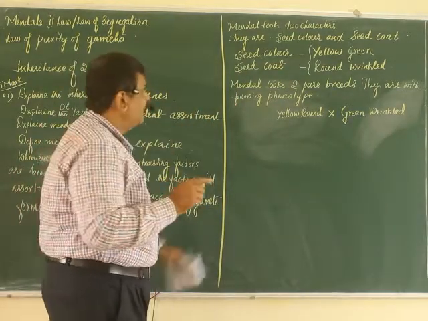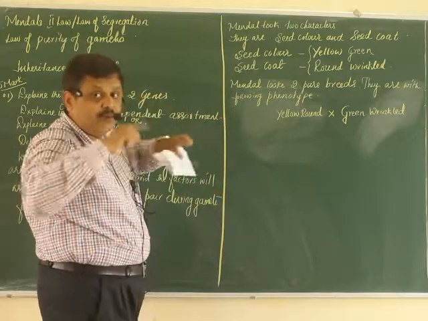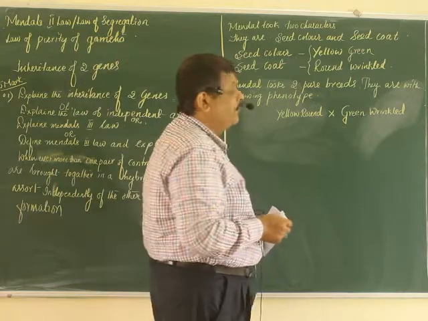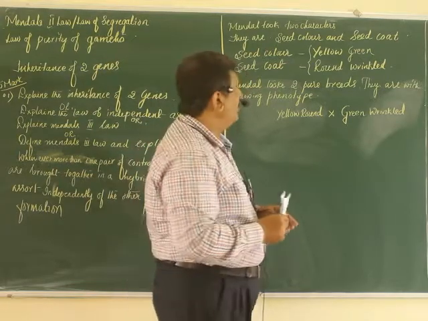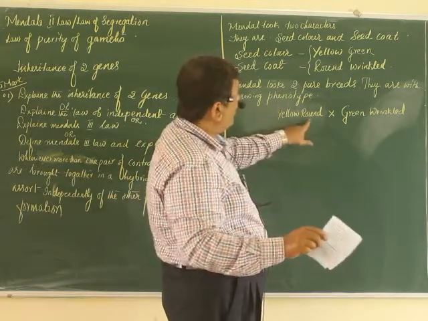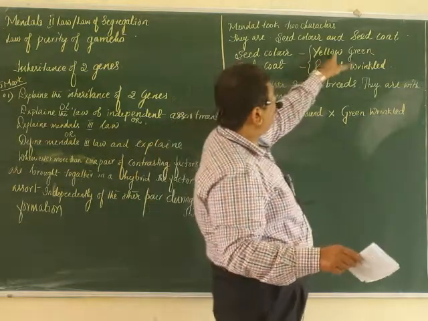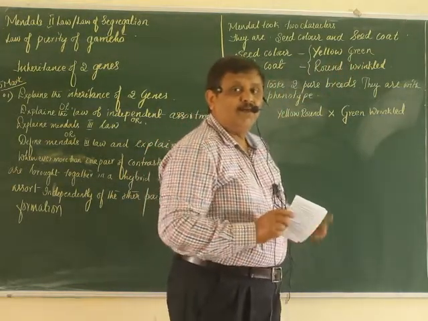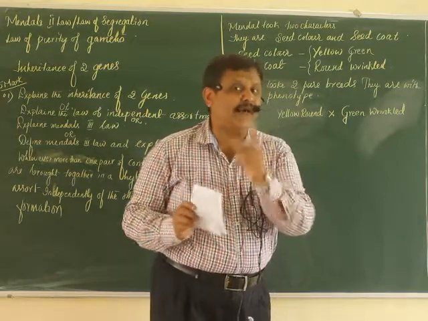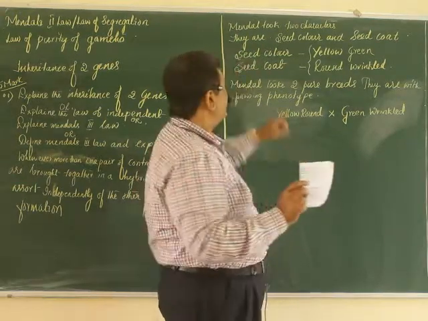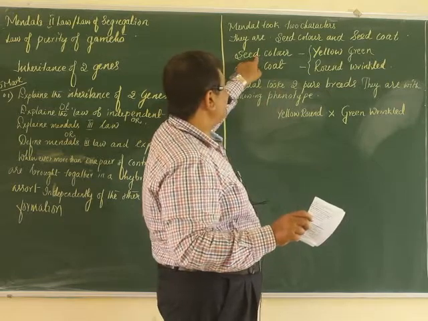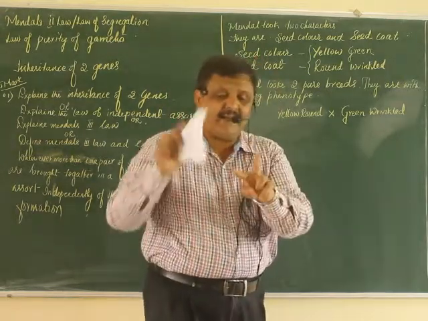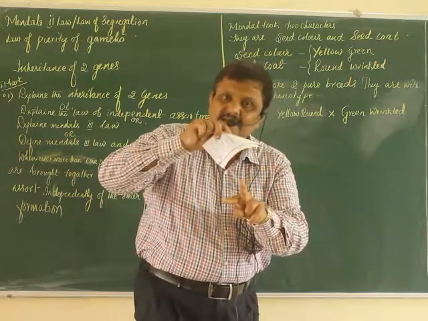I told that 7 chromosome in a gamete story because some of you may have doubt now. Why did he take yellow round? Why didn't he take yellow green? The same plant cannot possess 2 colors. Remember, the same plant cannot possess 2 colors. For example, human skin. There are 2 possibilities, one is white and another one is black.